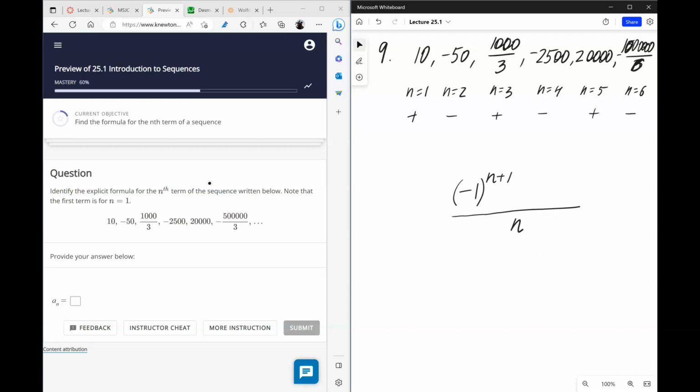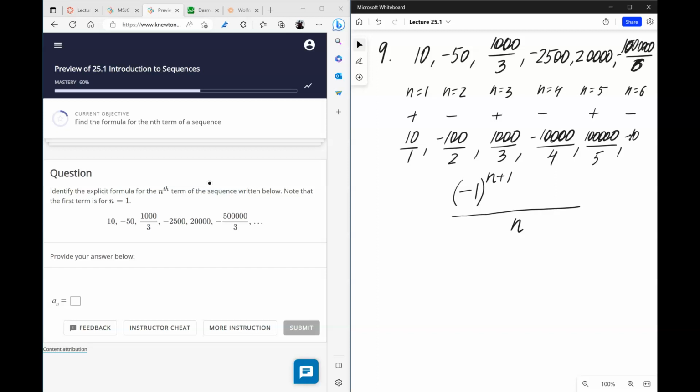So first let's write the denominators. We have 10 over 1 minus 100 over 2, 1000 over 3, negative, and now here we have to put 4 over here, but what do we have here? 10,000. Here we have 5, but then it's going to be 100,000, and I think that's the pattern, right? So I think we got it.